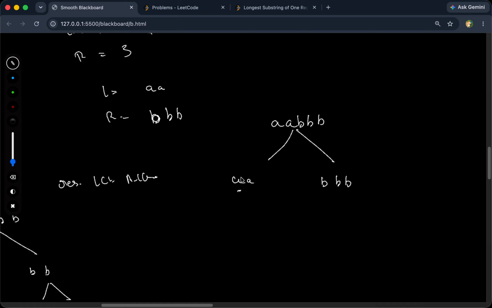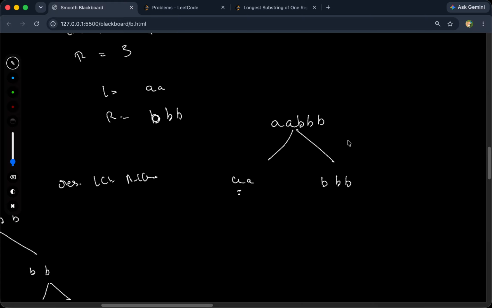So left A prefix is 1 and right B B B, so the suffix is 3. See, if the string has the same characters, the parent's prefix is normally just the left one.